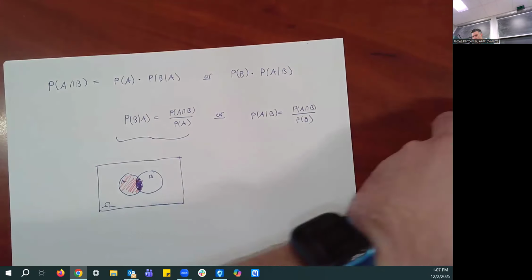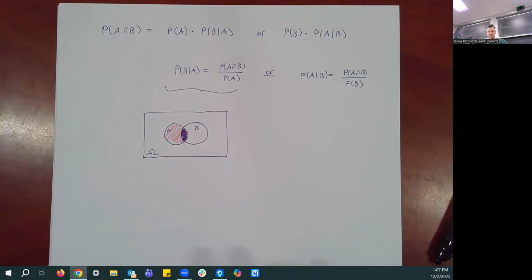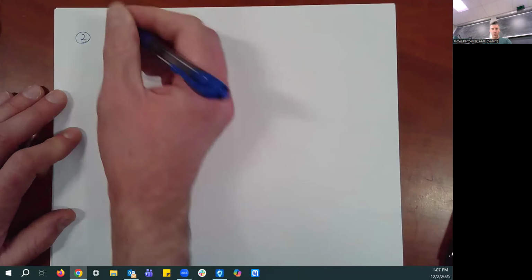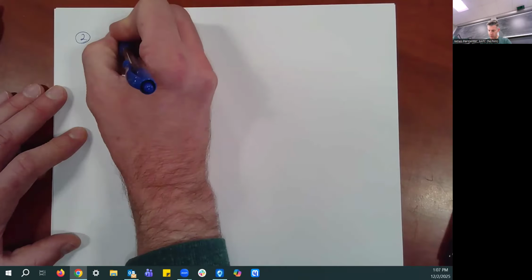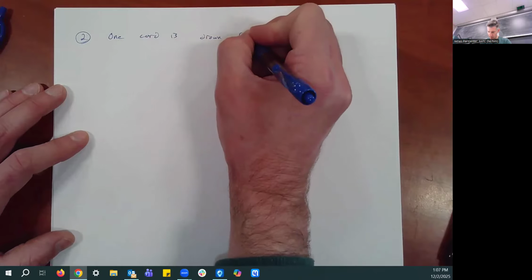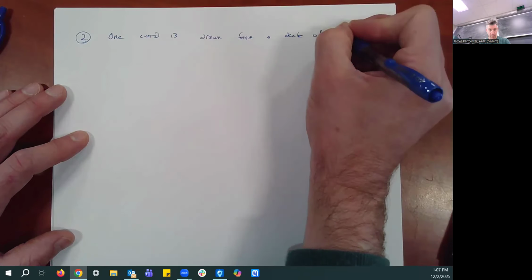So let's look at another example to go along with this. Can I fit this in here? Maybe not. Let's use a new page. So here's another example. One card is drawn from a deck of 52.